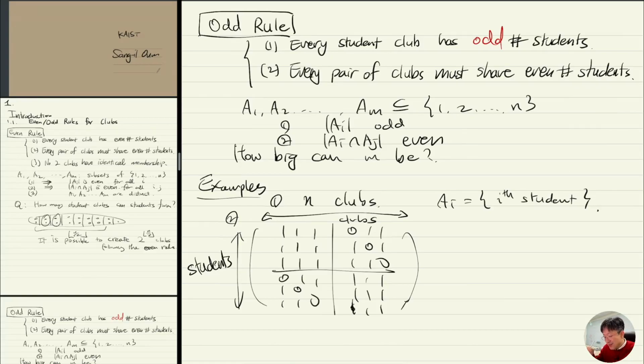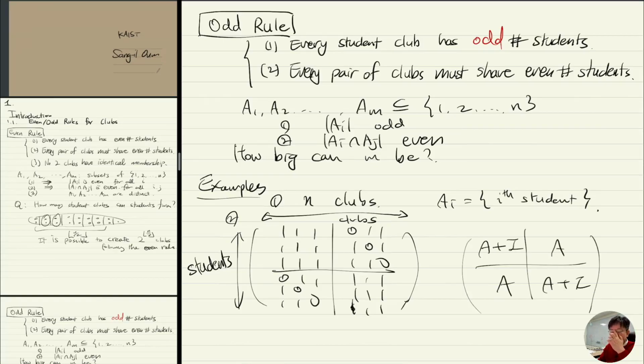And if you look at two distinct columns, their intersection is even. Why? Well, you can check it. Another answer is that the formulation is made from this configuration, A plus I, A plus I.